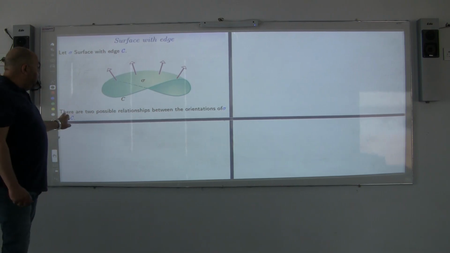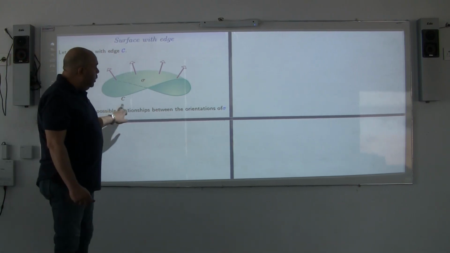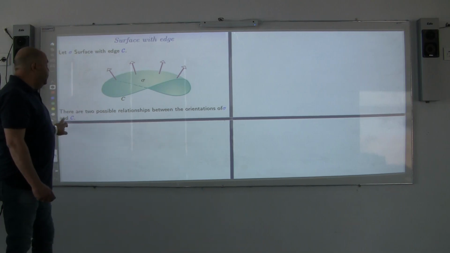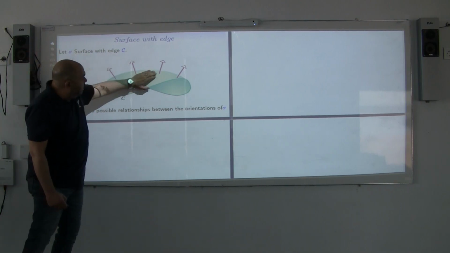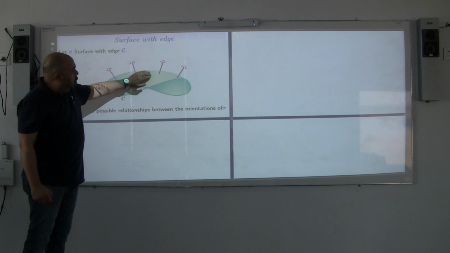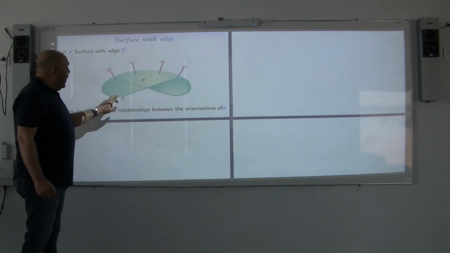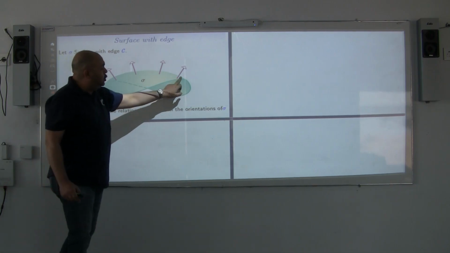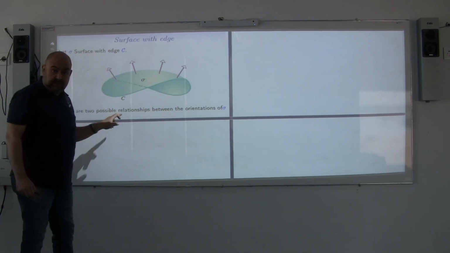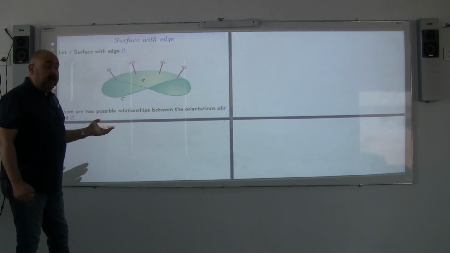Here, there are two possible relationships between the orientations of sigma and C, where sigma stands for the surface, and C is the contour around this surface, as we saw in the previous lecture.